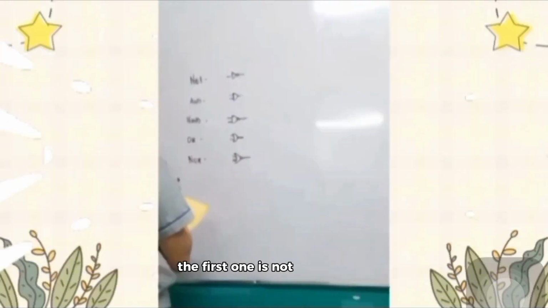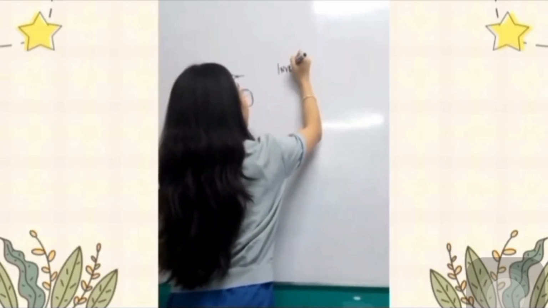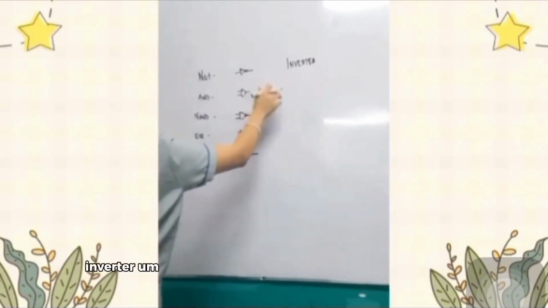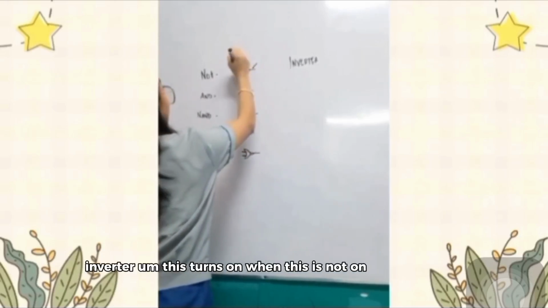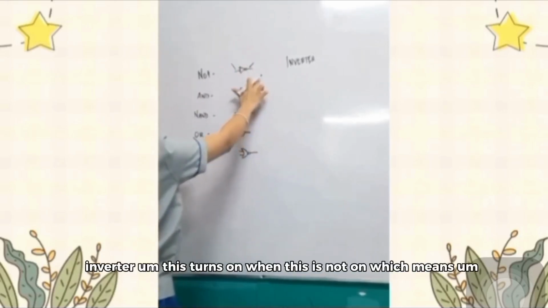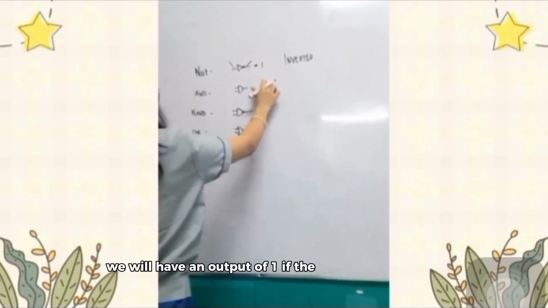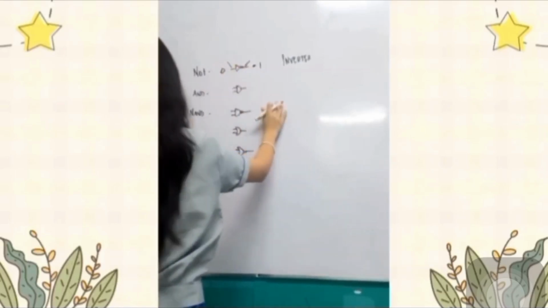First one is NOT, also called an inverter. This turns on when the input is not on, which means we will have an output of 1 if the input is equal to 0.